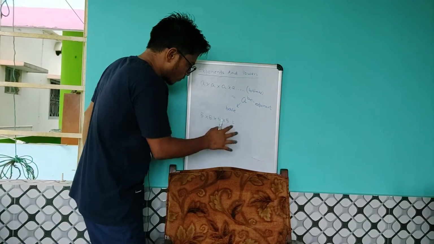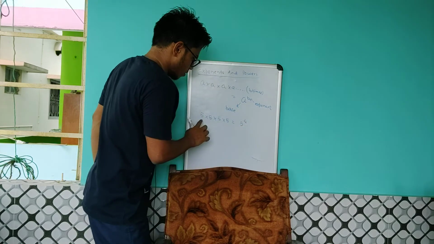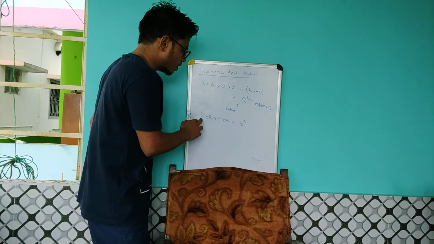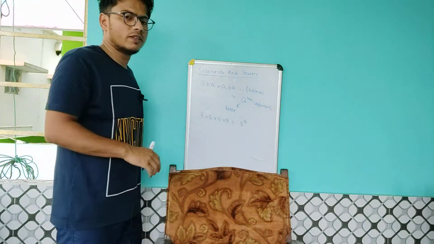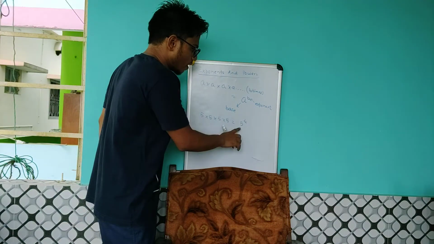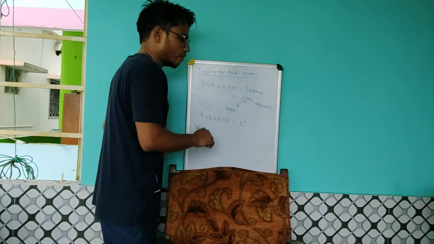So we can write all of this as 5 to the power 4. We keep 5 over here and raise the power by the number of times it has been multiplied. So this will be read as 5 raised to the power 4. Here also it will be read as a raised to the power b.